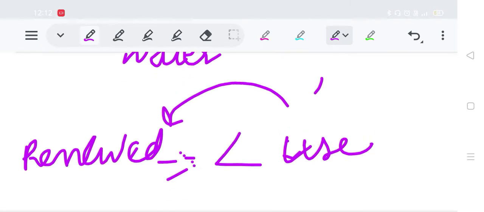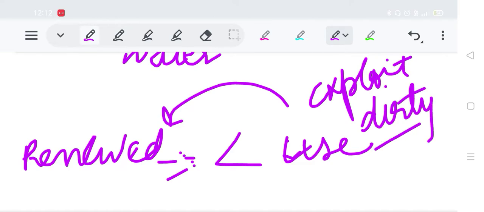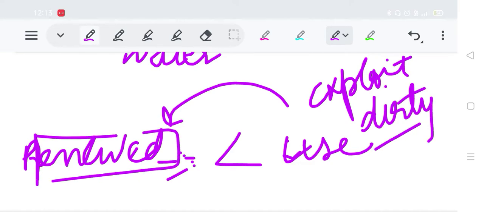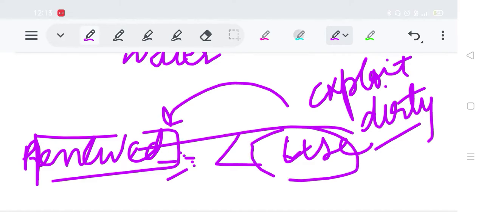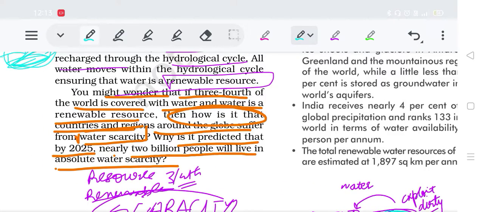We are exploiting it. We are overusing it. We are making it dirty. So that is why, while it's getting renewed, we are using it at a very high rate. The renewing rate and the use rate have a very big difference.